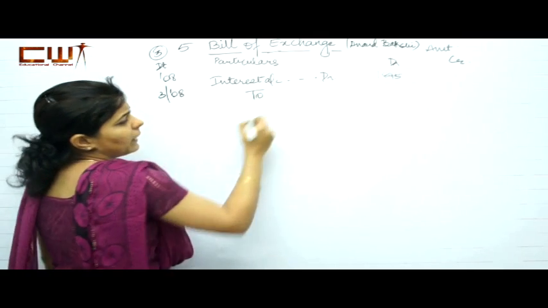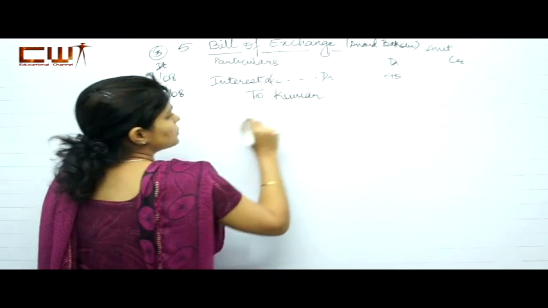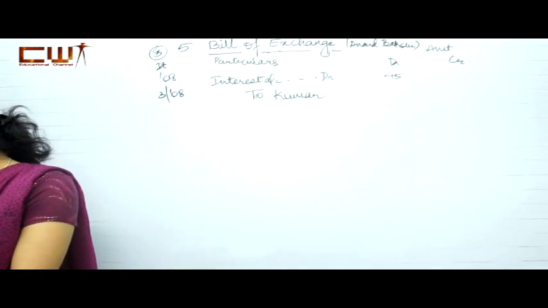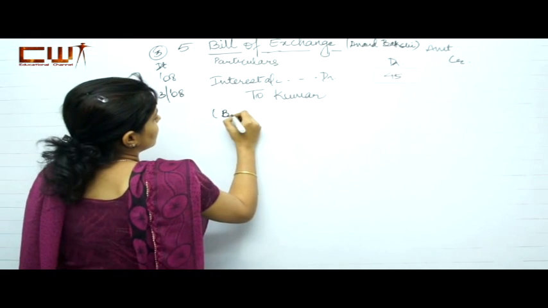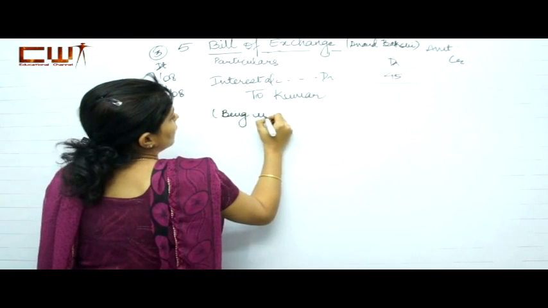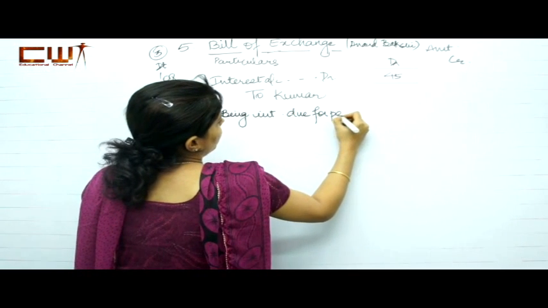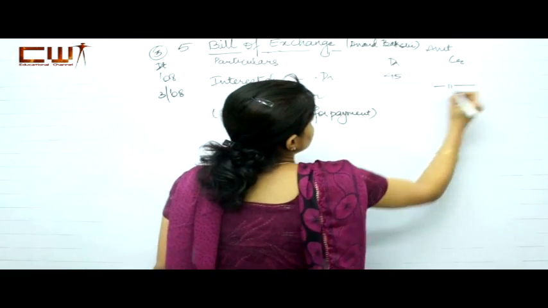To whom will you be paying? To Kumar. First, you cannot pay it before making it due. So you have to get the interest due first, then you will pay it. So this will be being interest due for payment. How much? 45 rupees.